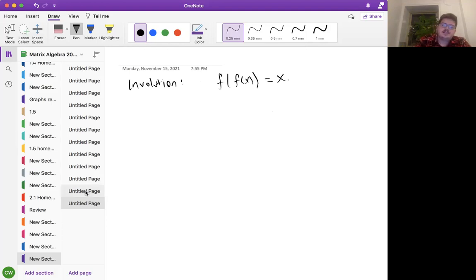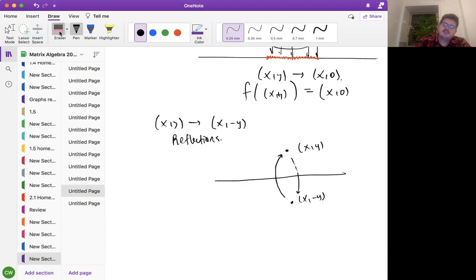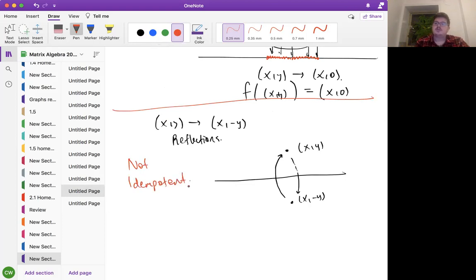Oh, I'm sorry. So yeah, reflections would not be idempotent. Do you see why? Sorry about that. Reflections are actually involutions. If you do f of f of x, y, it is actually equal to x, y.